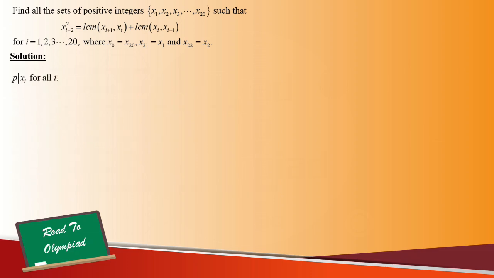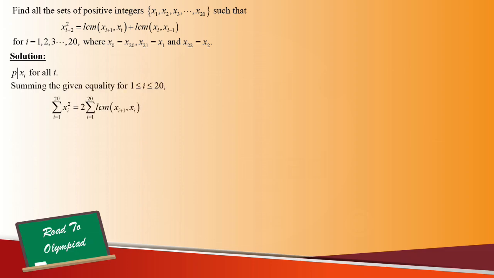Putting this aside, now if we sum the equation for i from 1 to 20, we have this one. And also from the rearrangement inequality, we have this, where the equality holds if and only if all x_i are equal.